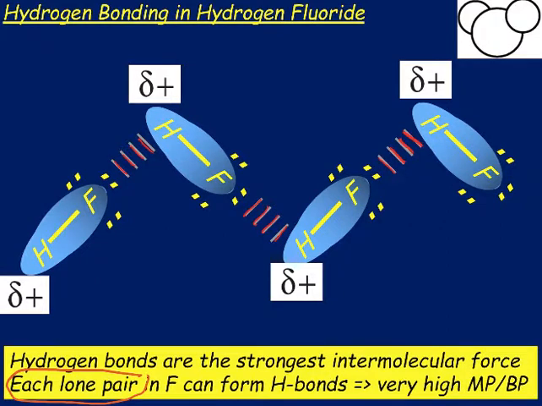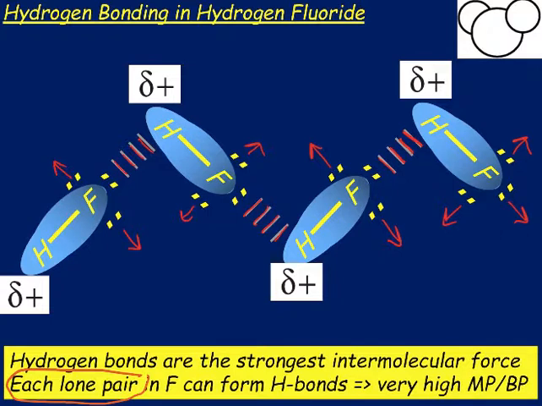And the note down here says, well, we've already talked about how hydrogen bond is the strongest intermolecular force, but each lone pair in F can form hydrogen bonds. So there's also another hydrogen bond coming down here. There'd be another one going that way, this way, this way. So you can see now, because there are all of these bonding attachments, you have to disrupt each one of those to melt it from a solid to a liquid or boil it from a liquid to a gas.